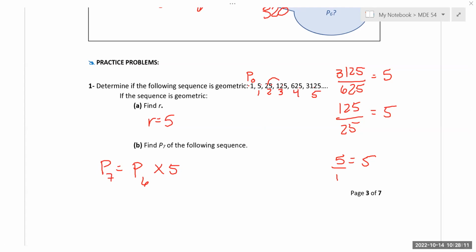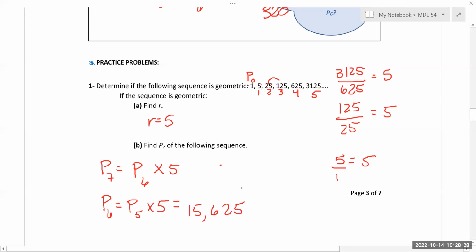So to get P of 6, P of 6 is P of 5 times 5. So we would take our 3125 and multiply it by 5. And then this number gets big fast. Multiply that one by 5 to get our answer. Ta-da!